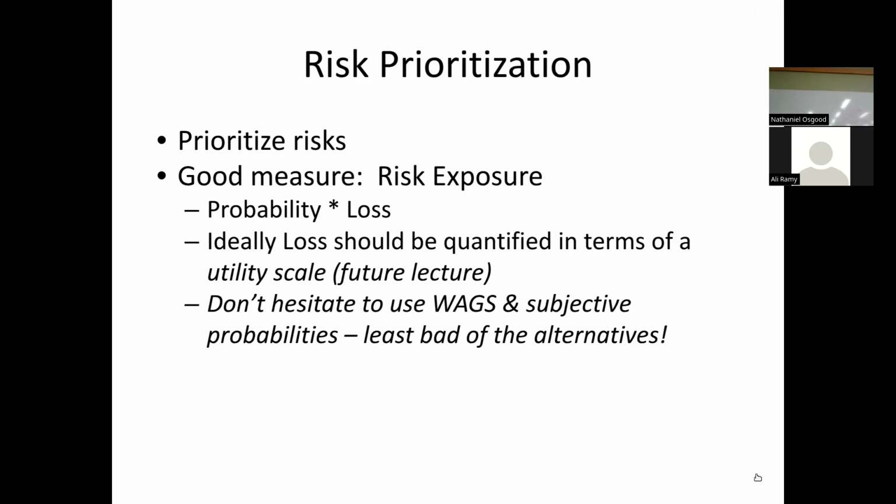Probability and loss are both subjective. I mean, there's no magic here. We're trying to judge from our team's experience, and you want to tap other people in the team. How probable is it? Don't just do it on a one-person basis that the risk manager can solve, because you might not be nearly as well positioned to say how janky an area of the system is as the developers and testers, particularly the testers.